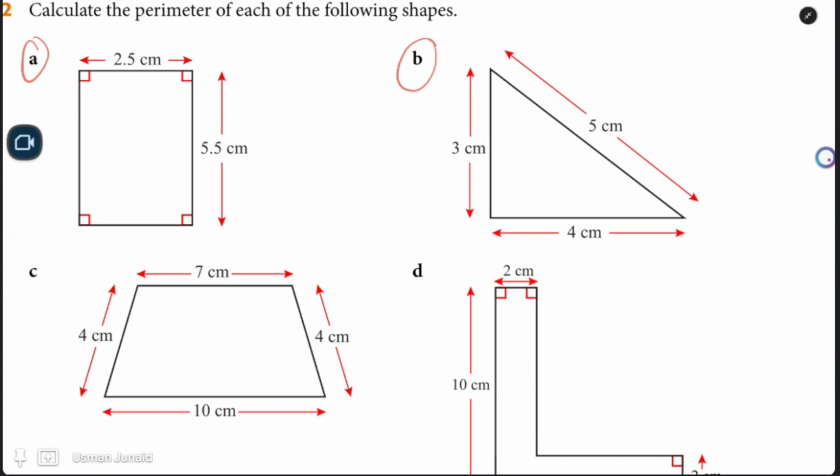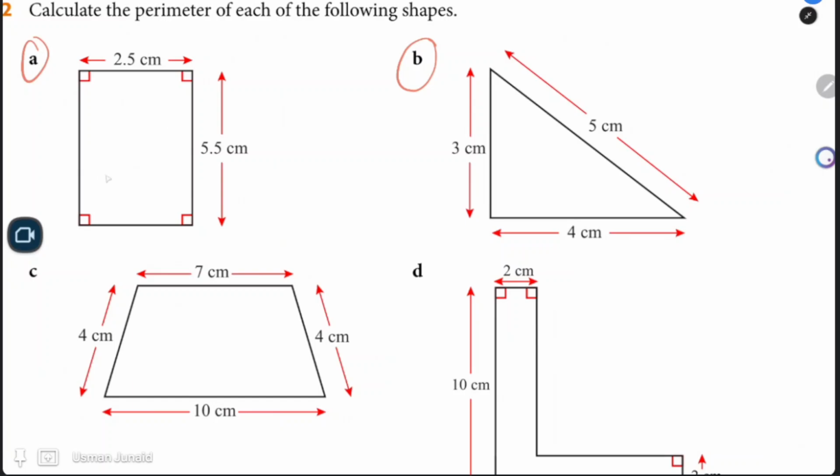Sir, A is 13.75 and B is 6. How much is this again? A, sir, 13.75 because we will multiply 2.5 times 5.5.